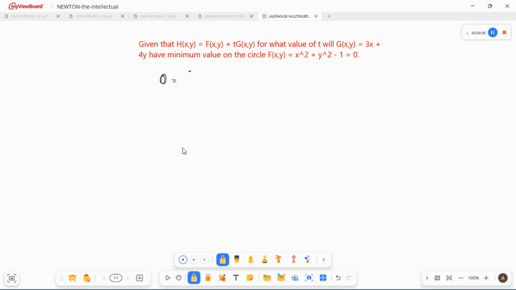So we have 0 is equal to f of x y plus t g of x y, right? And we can write that as 0 is equal to the derivative of f plus t times the derivative of g with respect to the individual variables. And when we write this, we're going to have the derivative of f is equal to minus t times the derivative of g, right?